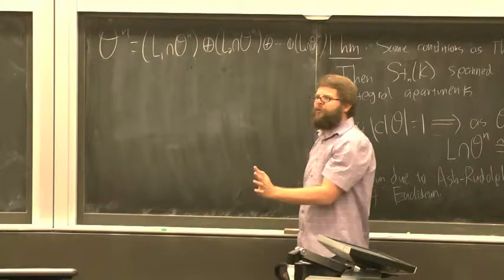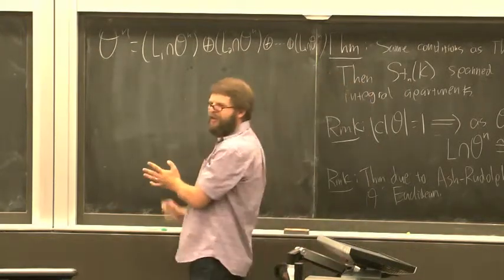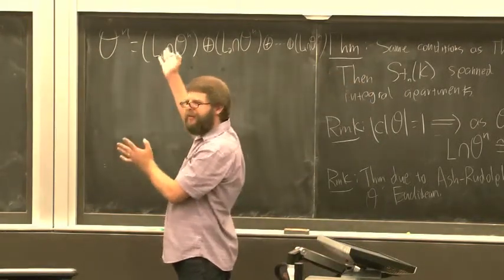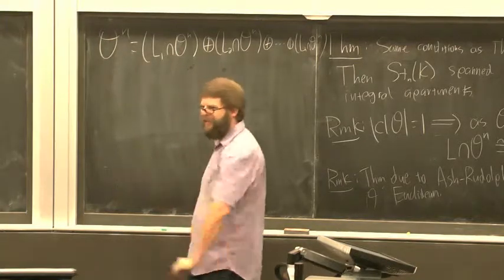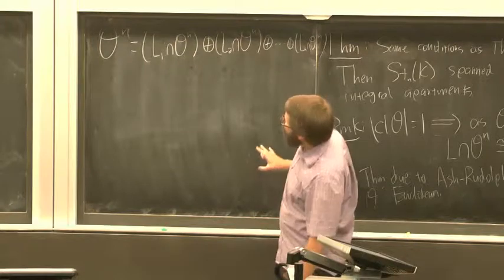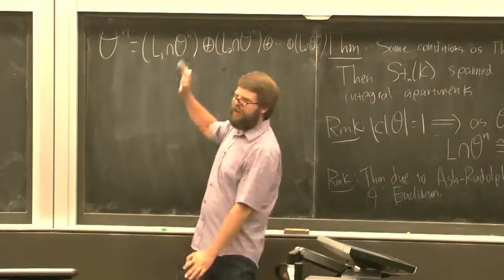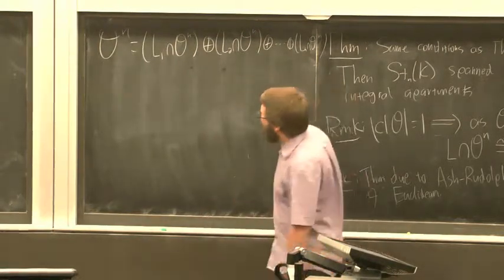That might not have determinant 1, but these are lines, so I can just multiply by a unit to make it have determinant 1. For instance, -1 will do the job. This will generally have determinant -1. We just scale it, and so we're done.